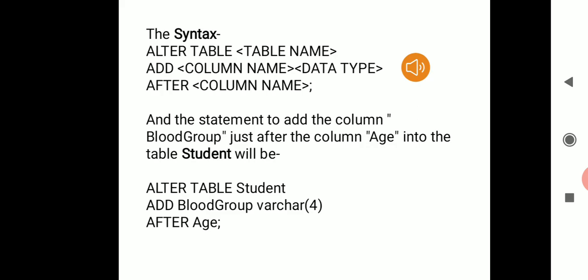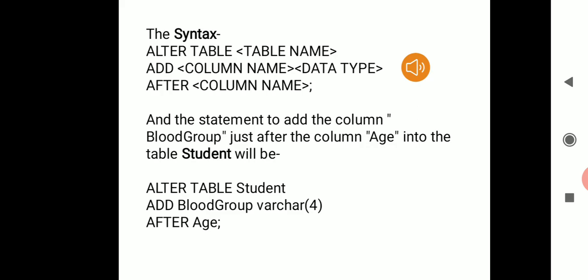This statement will definitely follow the syntax above. So the statement goes like this: alter table student. Here the table name student is for the table name in the syntax above. Then in the next line add blood group varchar4.